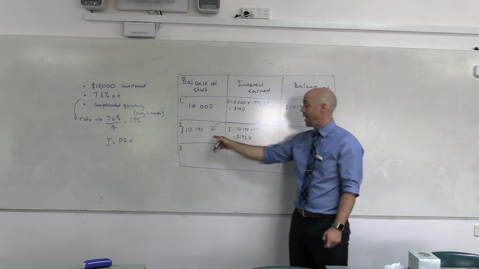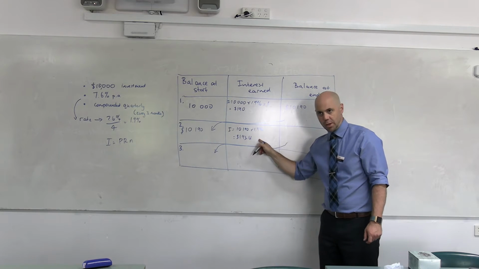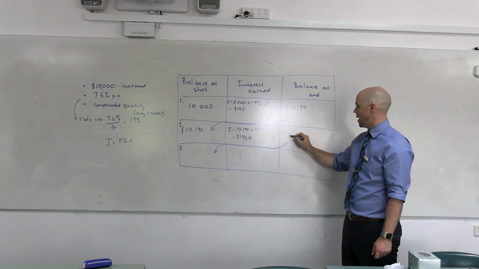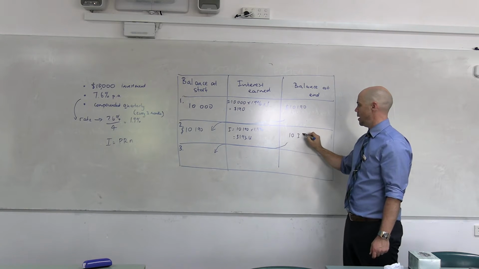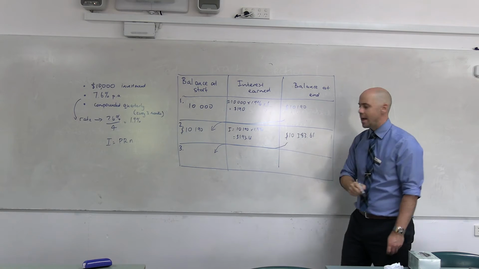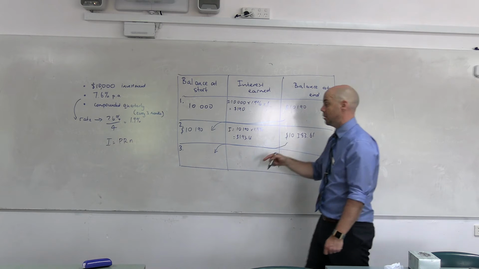So again, I now add this. What I started with this interest period plus what interest I get during this interest period becomes my balance at the end, which is $10,383.61. That is how much I now have at the end of the second interest period.